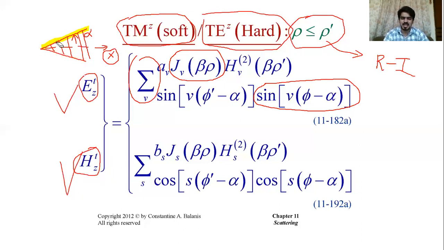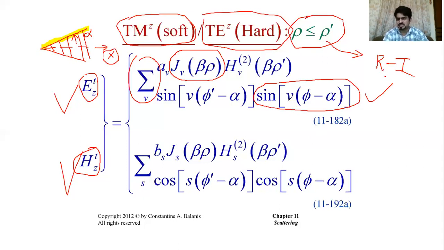This yellow highlighted surface is nothing but a surface located at phi equals alpha. And on that surface, the total tangential E field should go to zero. It should vanish. In order to satisfy that boundary condition, we assume that we have a sine type of variation along the phi direction.